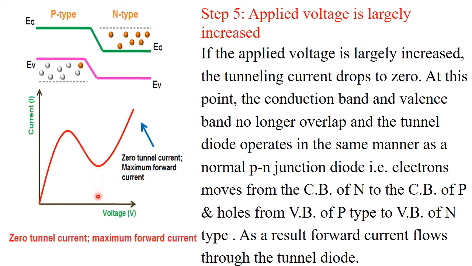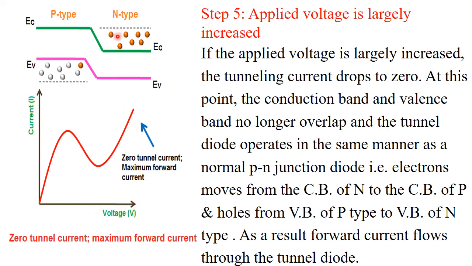Now further increase in voltage will reduce the barrier potential more, and now the tunnel diode will start working as a normal diode because the barrier potential has become very small due to the continuous increase in voltage across the tunnel diode.